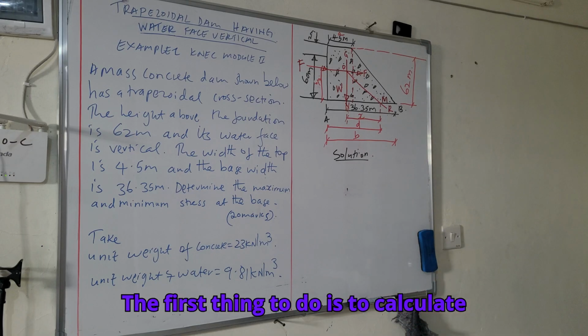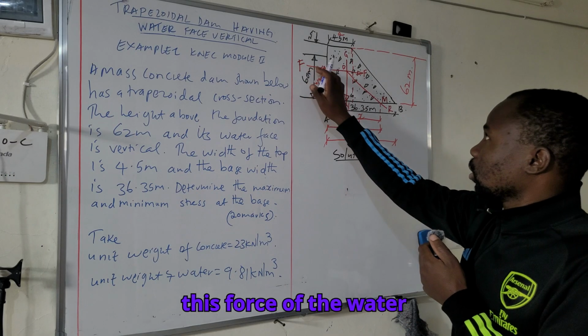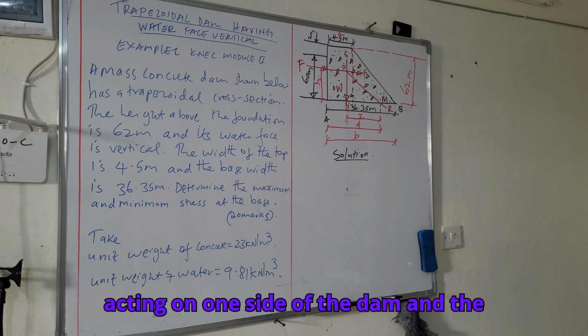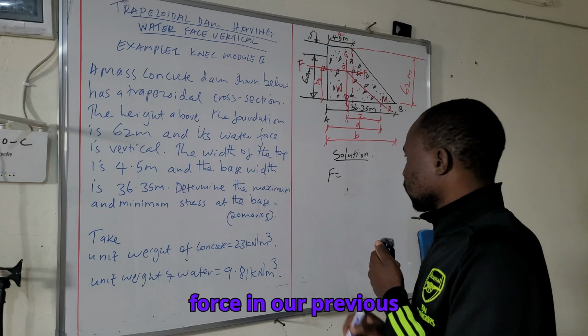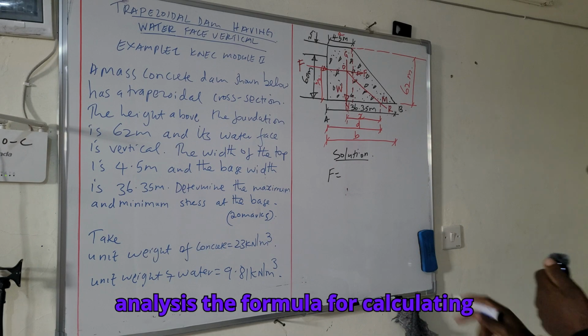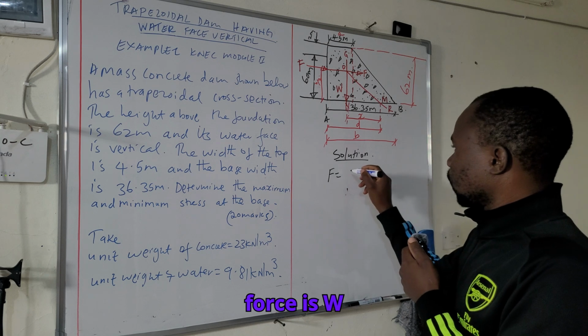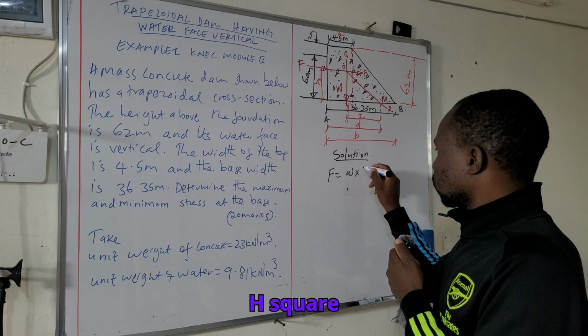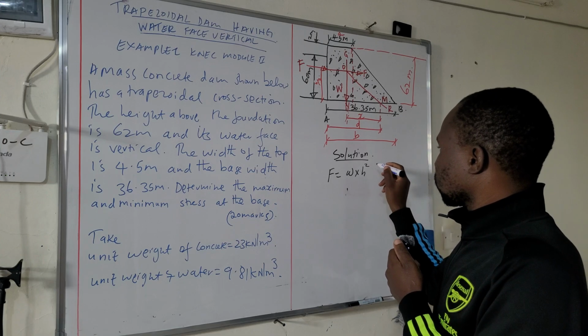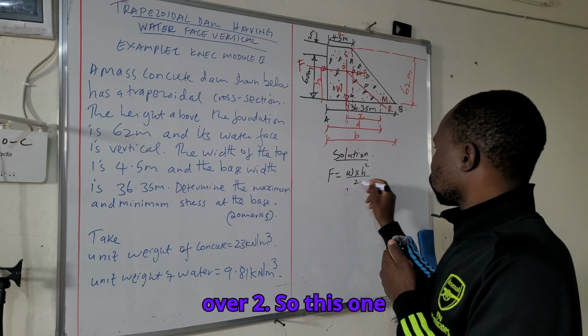The first thing to do is to calculate the force of the water acting on one side of the dam. The formula for calculating force, from our previous analysis, is small w times H squared over 2.